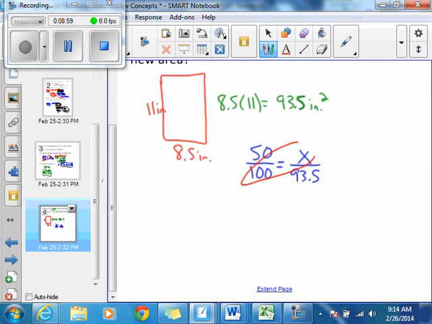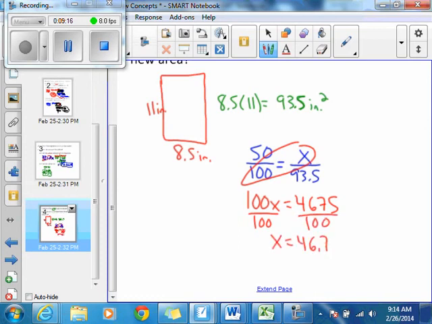If we cross multiply here, we get 100X equals 4,675. We divide by 100. We get X equals 46.75. That would be inches squared.